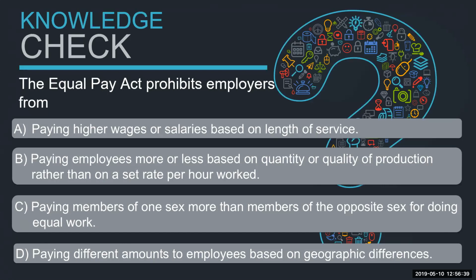For example, it is permissible to pay you more than me, even though we're doing the same job, because maybe you've been with the company longer, or because your opening bid to get the job was 75 cents higher an hour than mine. That is permissible. What is not permissible is that you are getting paid more than me because you're younger and I'm older, and therefore they're thinking, she's going to retire soon, she's not going to be very quick on her feet, she's already old news kind of thing.